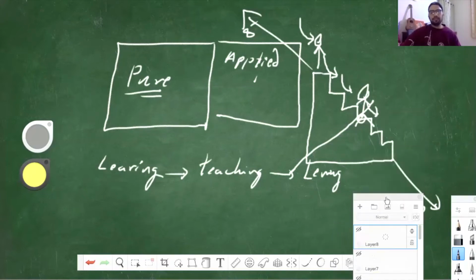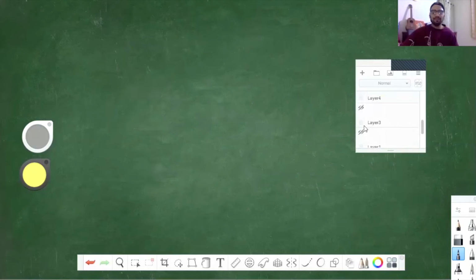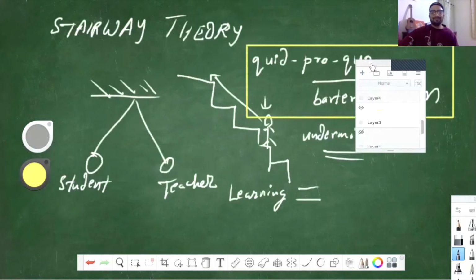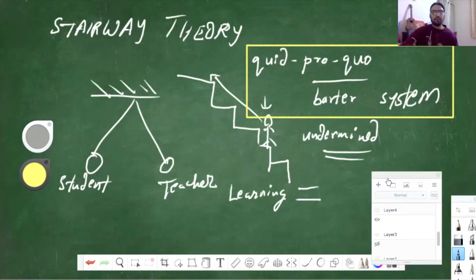Post that we were talking about a new theory, the stairway theory. Let's not place ourselves at the bottom of the stairs. Let's try to be in the middle ground. There, and only there, you will be a student and a teacher.